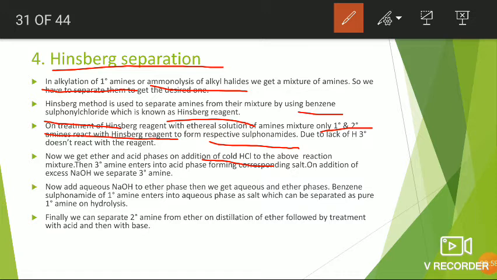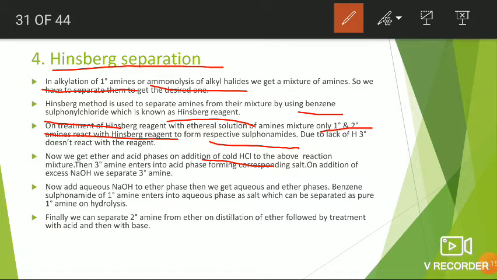That is, on addition of ice cold HCl solution to the ethereal solution of sulfonamide and tertiary amine mixture, we get two layers, that is the ether layer and the acid layer.